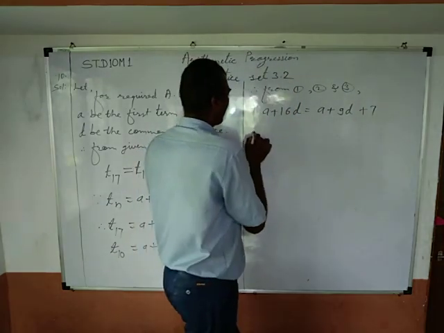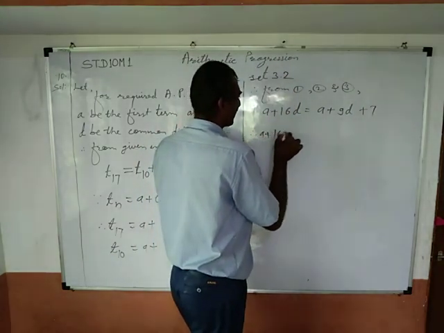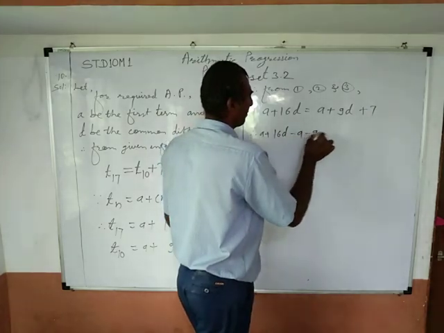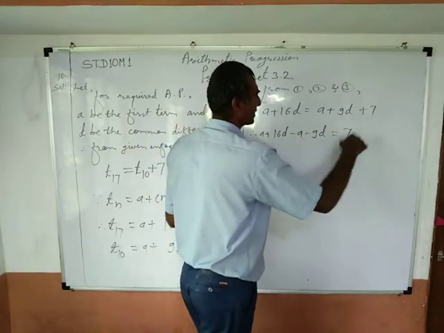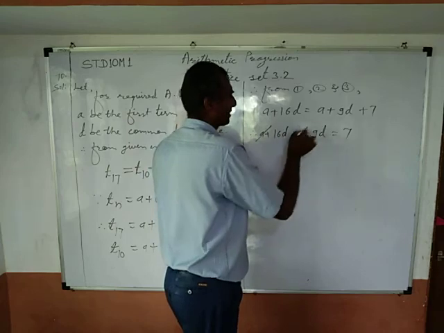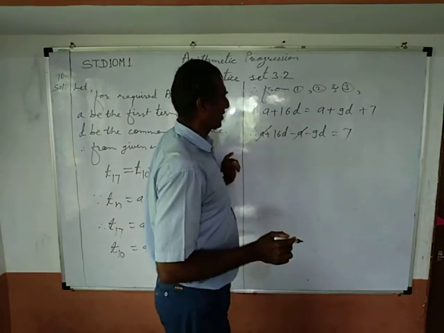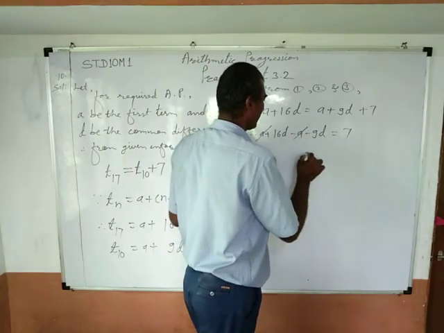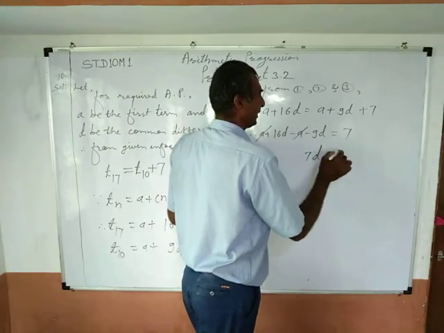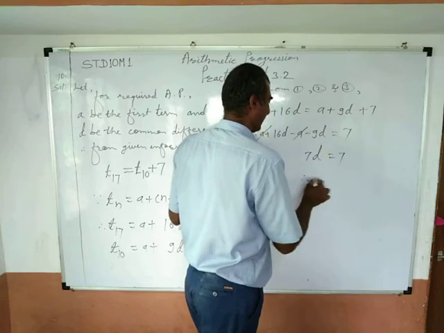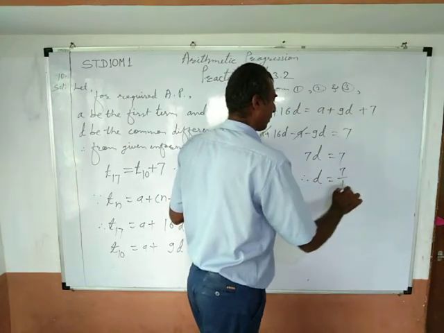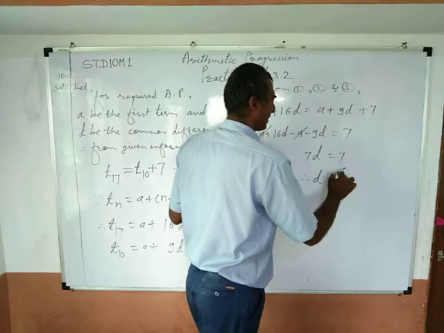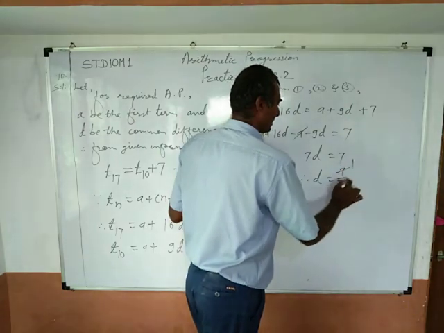Okay, and therefore a plus 16d minus a minus 9d equals 7. a minus a gives us 0. 16d minus 9d gives us 7d. 7d equals 7, and therefore d equals 7 upon 7. 7 ones are 7, 7 ones are 7.